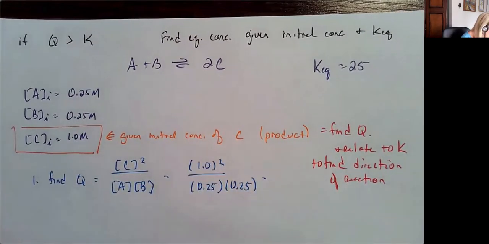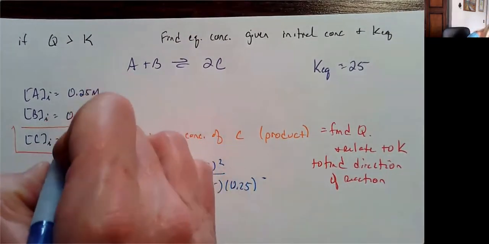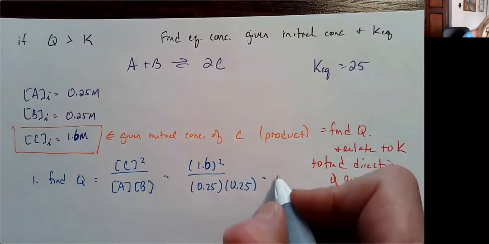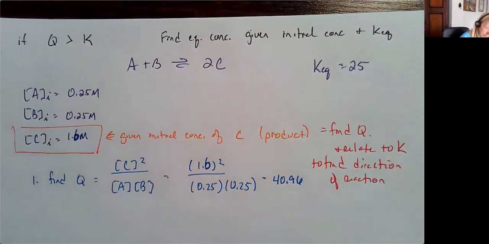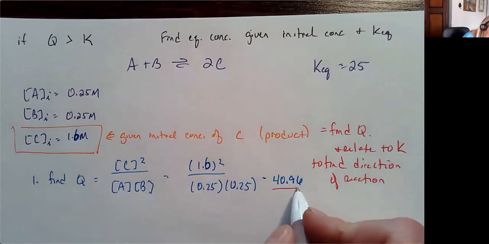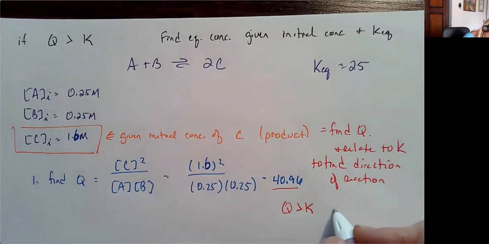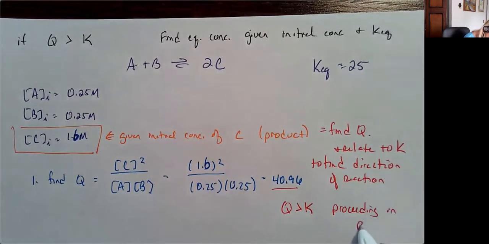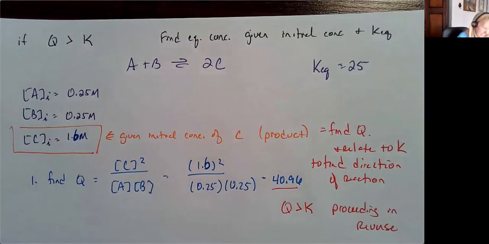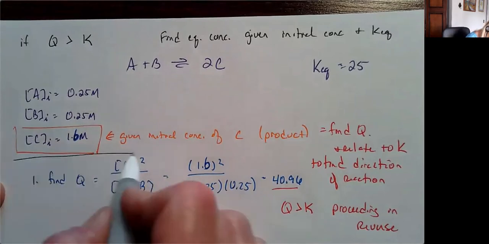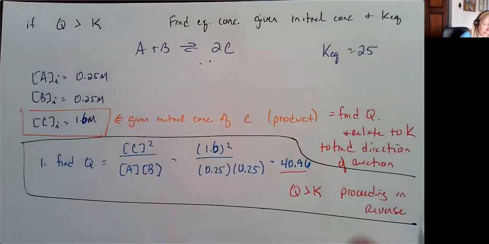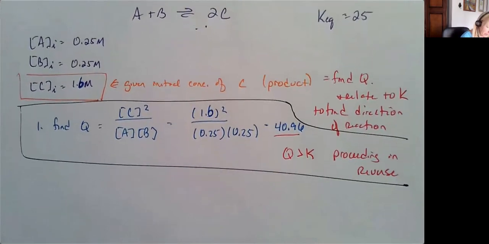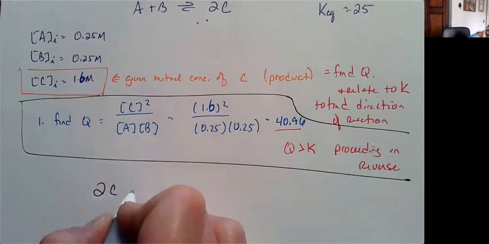And this is going to give me, actually sorry, this is 1.6. A Q value of 40.96. And this is important because now Q is greater than K, so my reaction is proceeding in reverse. I did all this just so that I could figure out how my reaction's going. It's actually going in reverse, so I'm going to rewrite my reaction in the direction that it's proceeding.